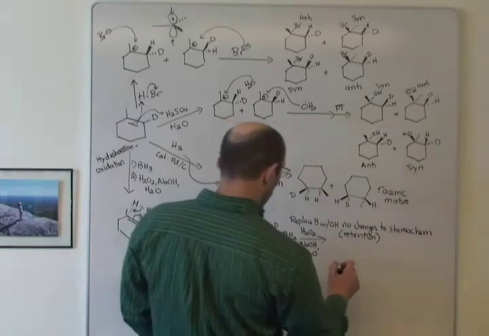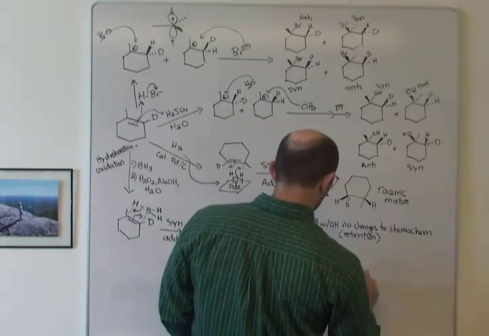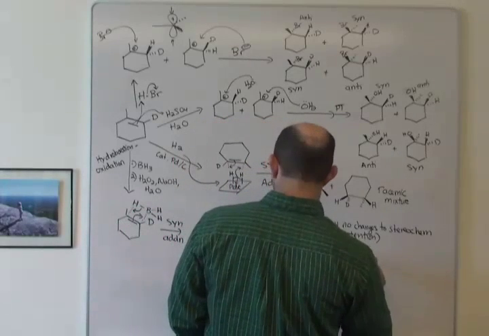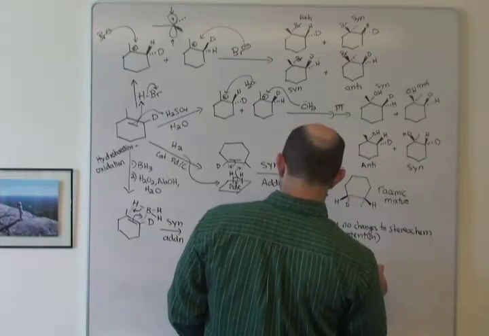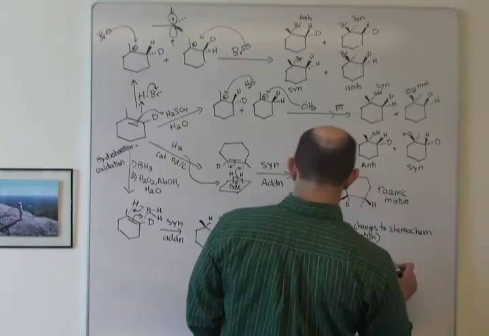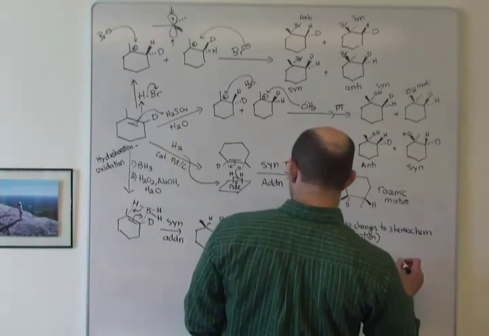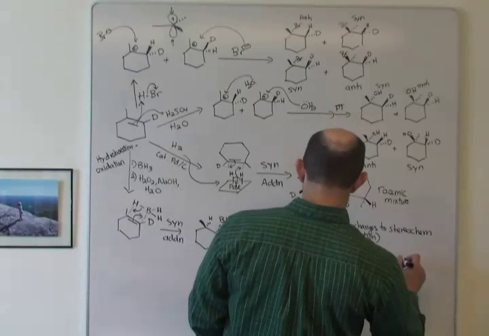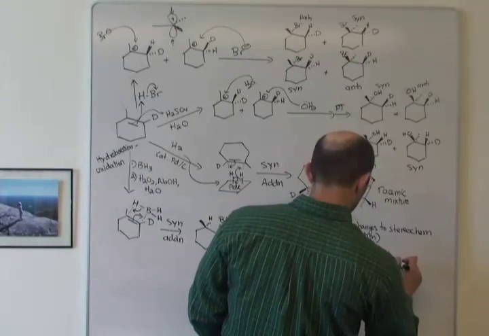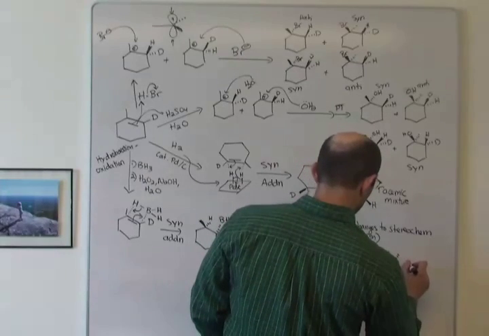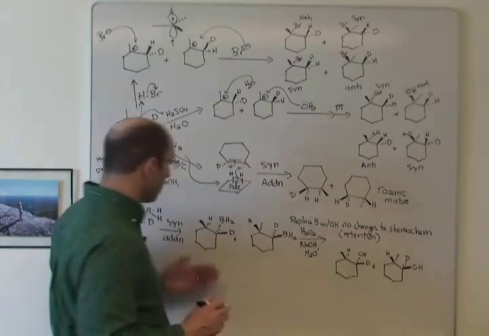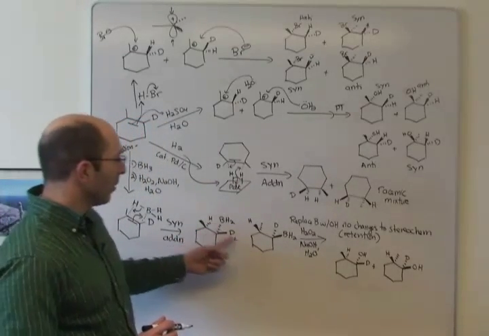And so what we draw is just the same thing we had before. Put OH everywhere that you see boron. For this one, just replace the boron with OH, we get here.